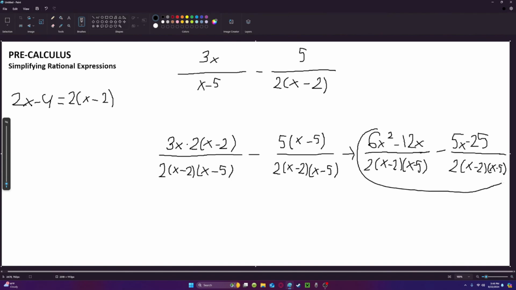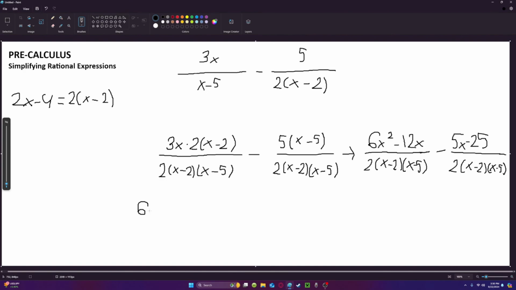So now we are here, and we have the 6x squared minus 12x because we do 3x times 2, which is 6x, and then we would distribute the 6x to this x and this negative 2. So we're here, and now since the denominators are the same, now we can smoothly transition into just subtracting these values right here.